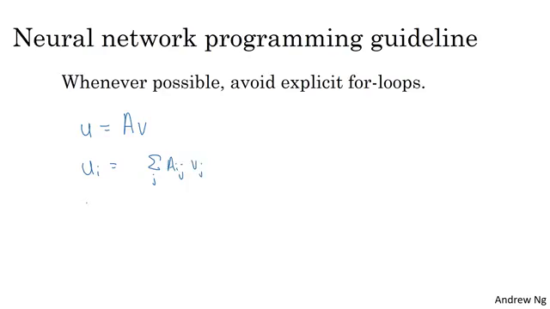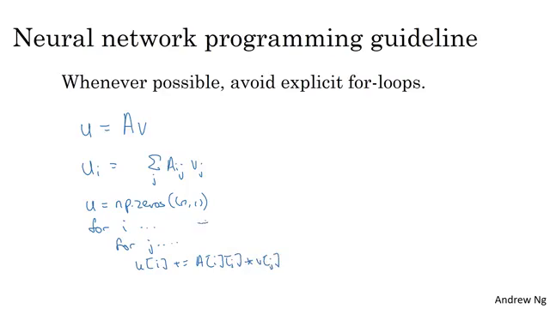The non-vectorized implementation would be to set u equals np.zeros, n by 1, and then for i, and so on, for j, and so on, and then u_i plus equals a_ij times v_j. So now this has two for loops, looping over both i and j. The second for loop is nested inside the first for loop. That's the non-vectorized version.